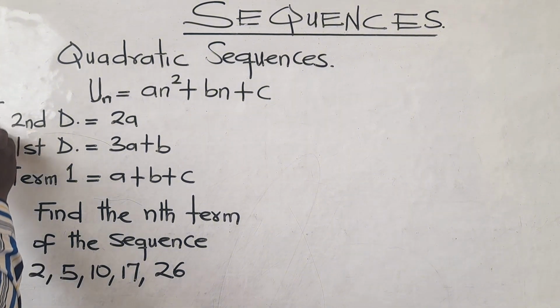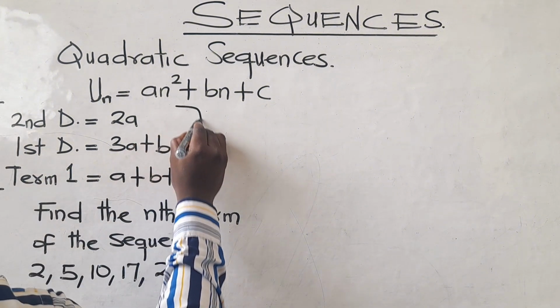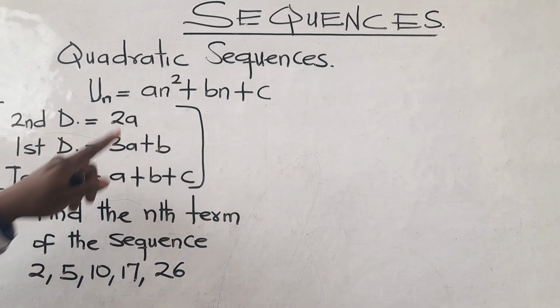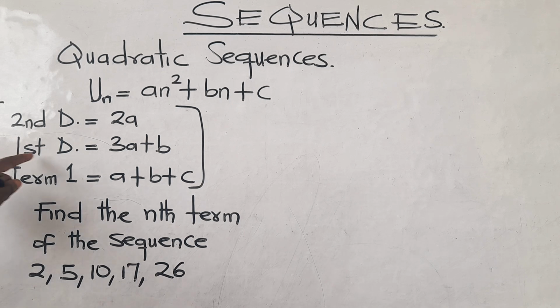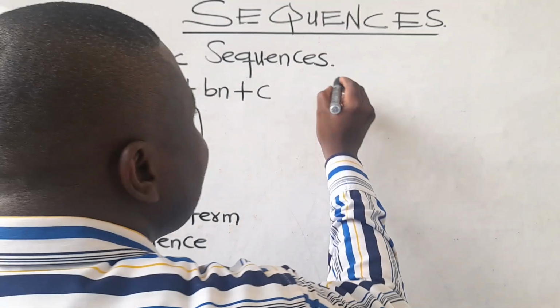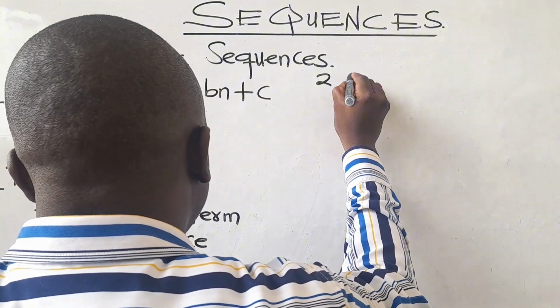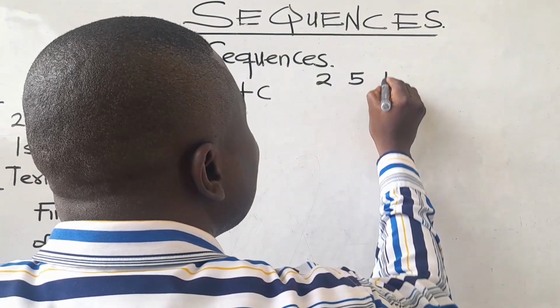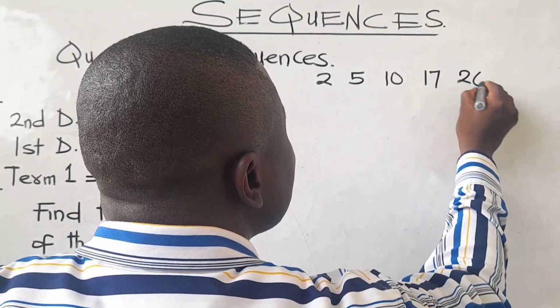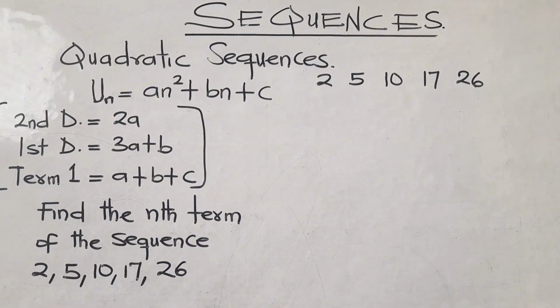Just remember that the second difference must equal 2a, the first difference is 3a plus b, and term 1 is a plus b plus c. So you have 2, 5, 10, 17, and 26. Now we want to start breaking them into their differences.